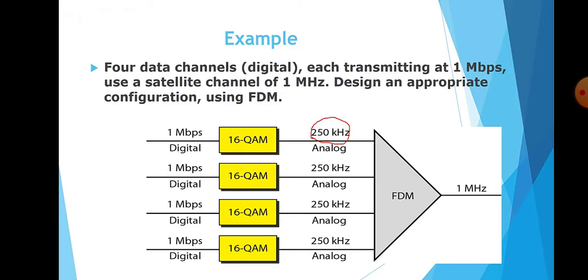So here each input signal has a data rate of 1 megabits per second, which is digital. Since the satellite channel is analog, we have to do a digital to analog conversion.